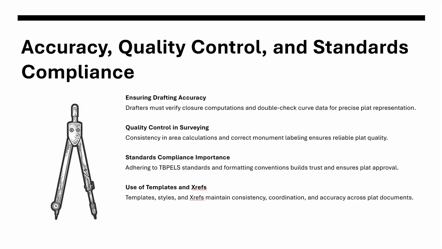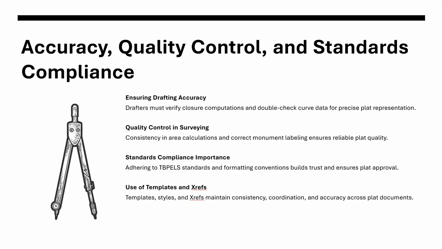One of the drafter's foremost duties is accuracy. Every bearing, distance, curve data point, acreage calculation, and monument description must be transcribed faithfully from the surveyor's notes and checked for consistency. In practice, this means verifying that closure computations are correct and that the plat reflects a closed figure for each lot and tract.